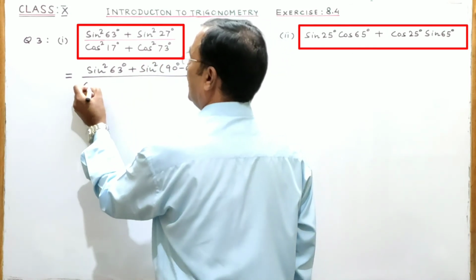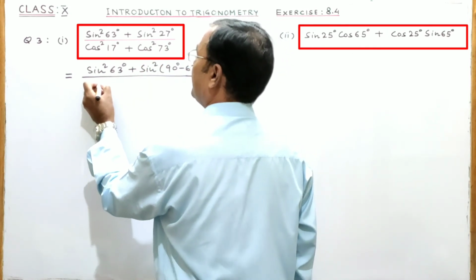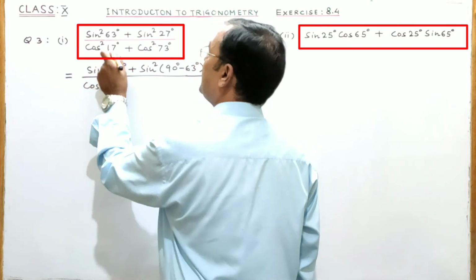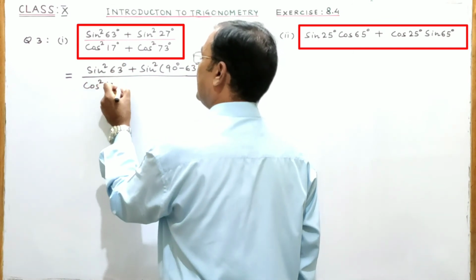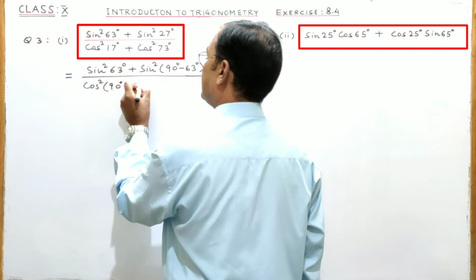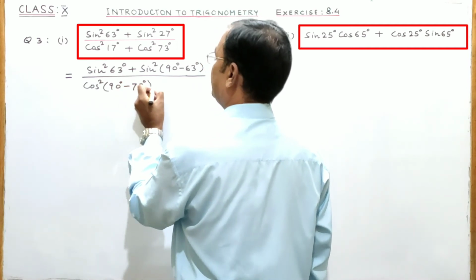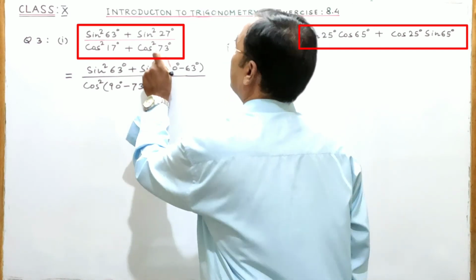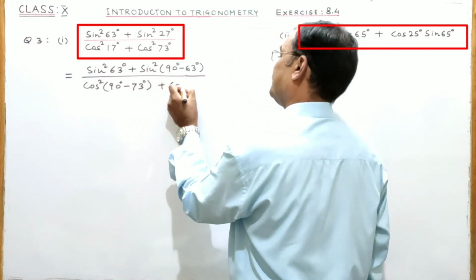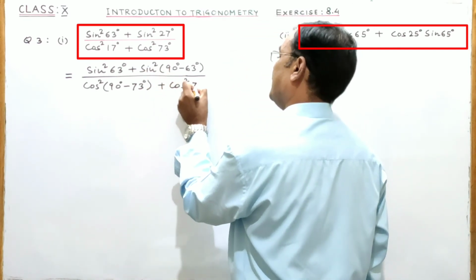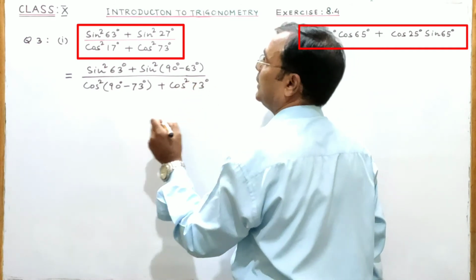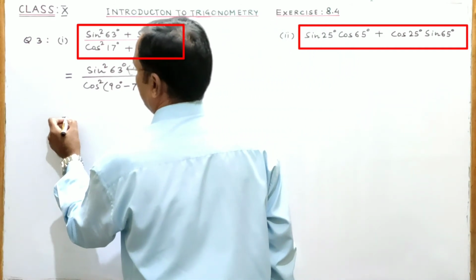So write cos square 17 degrees we can write 90 degrees minus 73 degrees plus this cos square 73 degrees.